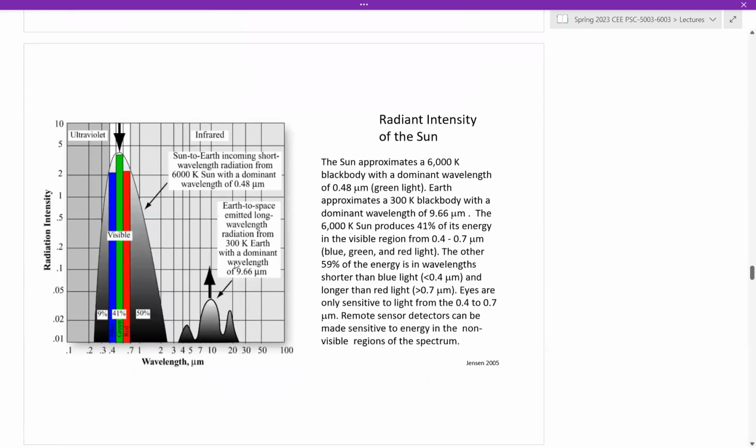So for the Earth, it's about 10 microns, the closest value being 9.66, and the sun will be in this domain, around 0.8.